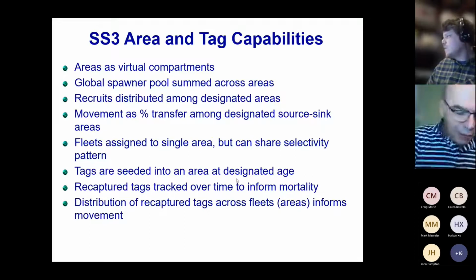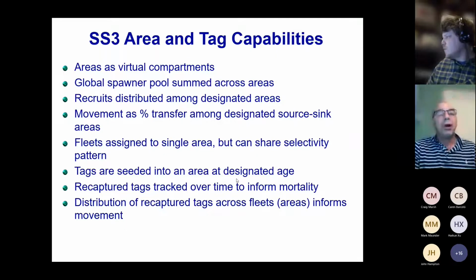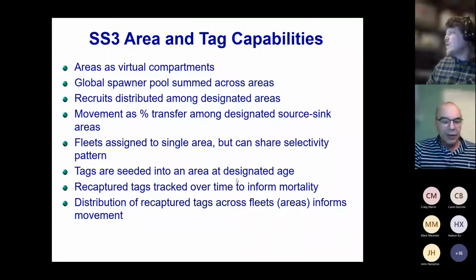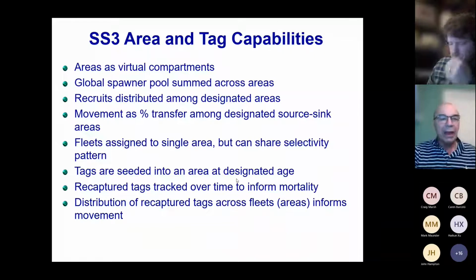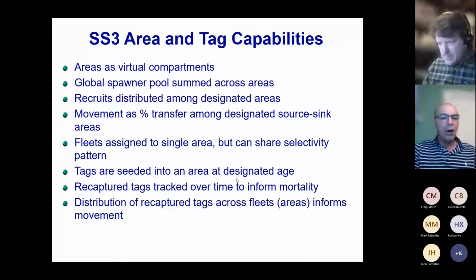So just going over briefly the basic capabilities of SS3 with regard to the specific characteristics of this exercise. SS3 has a lot of the same characteristics as MULTIFAN-CL in this regard, but let me go over what we are using here. The areas are basically virtual compartments.